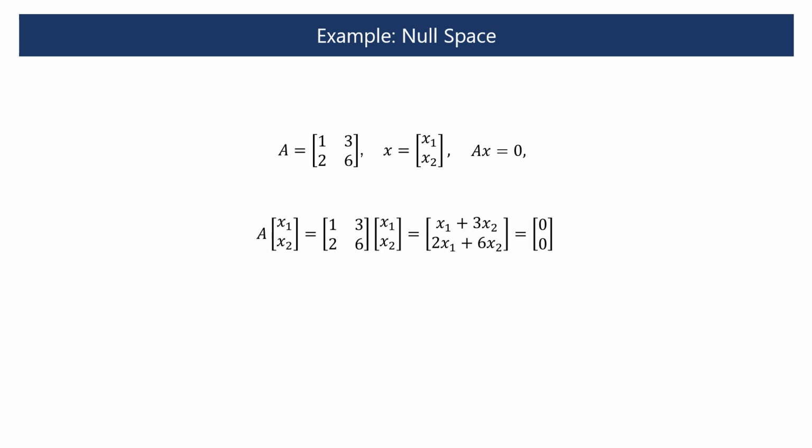For this matrix A, the vector x should be in the null space. Solving this system, we obtain the relation x1 = -2x2. Thus, the vectors that belong to the null space are any vectors of the form x1 = -2x2.